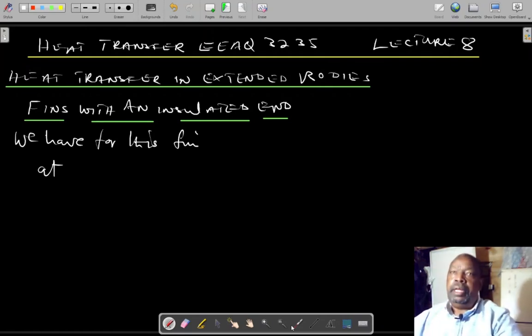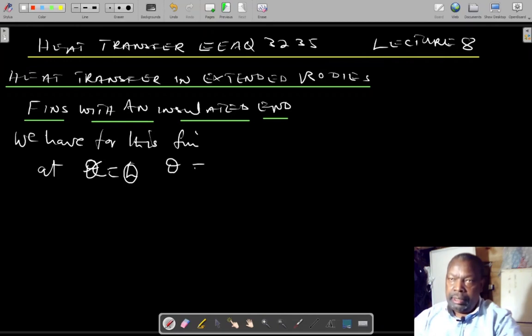So for a fin that has an insulated end, we have at x equals 0, theta is equal to theta naught.